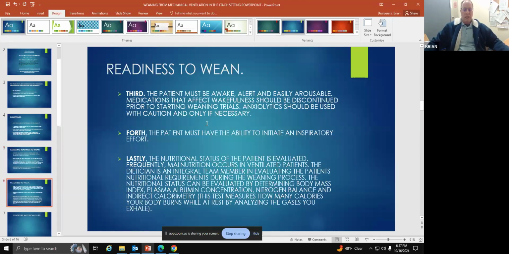The patient must be awake, alert, and easily arousable. This is a tricky one because a lot of times patients are on medications that affect wakefulness.